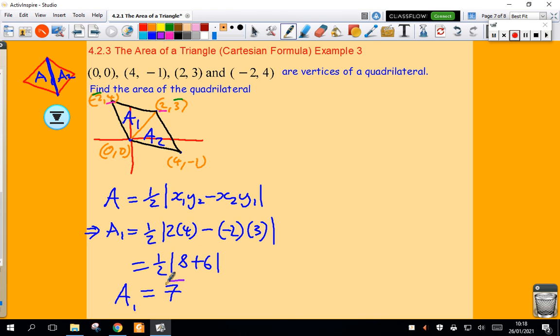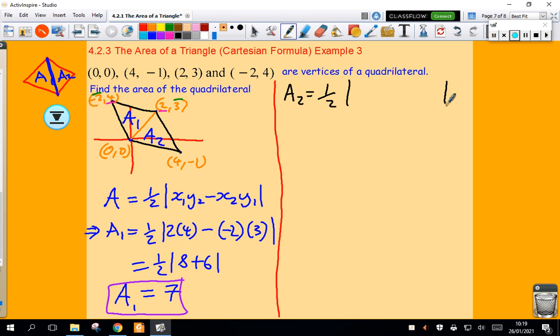Okay, so that's part of my solution. I'm just going to keep an eye on that. And now I'm going to look at the second area. Again, I'm using the same formula. A2 is going to be a half times the absolute value of the first x coordinate times the second y coordinate.